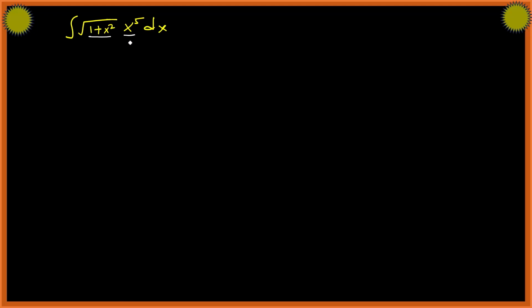Now we need to do our substitution, so we need to choose our u here. If I take u as x to the power 5 and I take the derivative, the result won't have a link here. My du will be 5x to the power 4, which will be complicated.